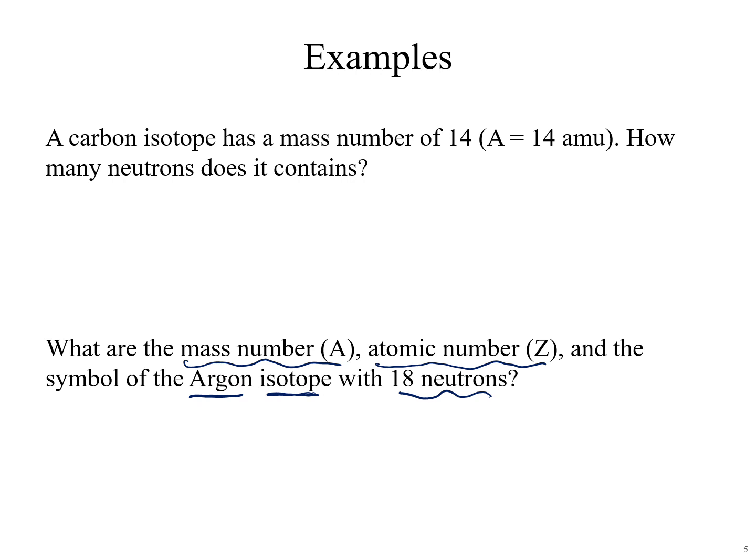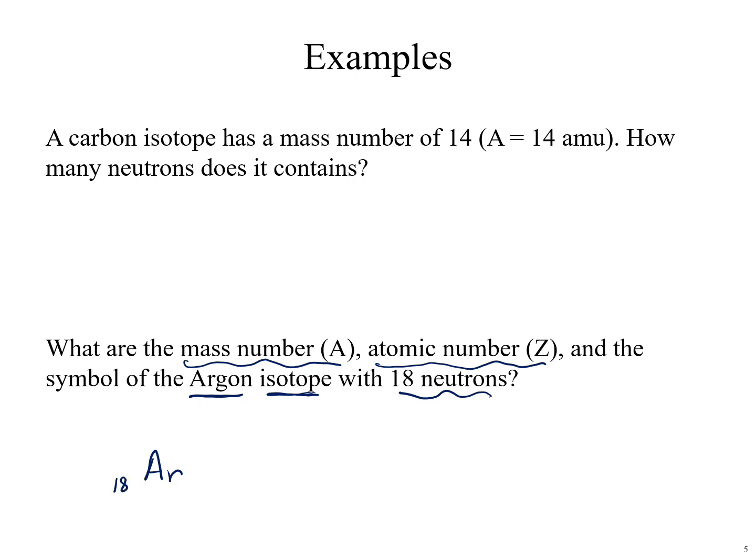We know that we're trying to get argon, so you can check the periodic table to find out the symbol for argon, and that's Ar. And now you're given the number of neutrons, you need the atomic number and the mass number. The atomic number for argon you can get also from the periodic table. Argon is element number 18.